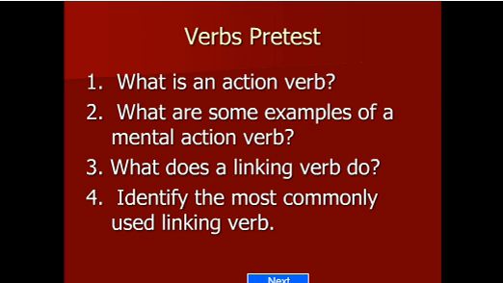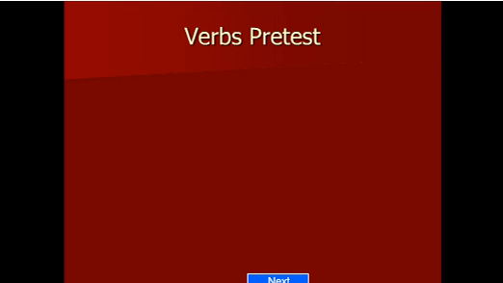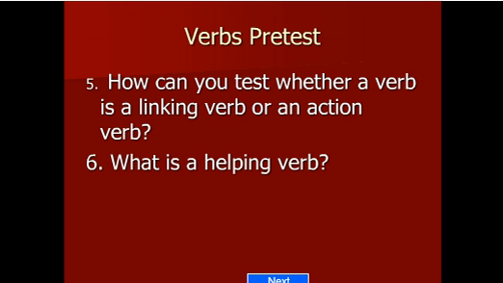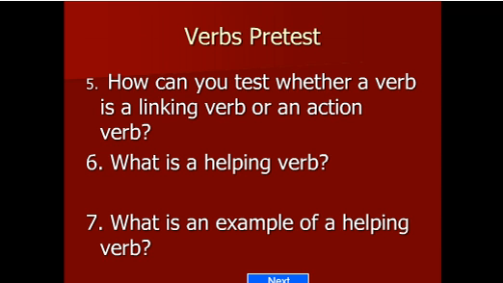Identify the most commonly used linking verb. And finally, how can you test whether a verb is a linking verb or an action verb? And what is a helping verb? What is an example of a helping verb?